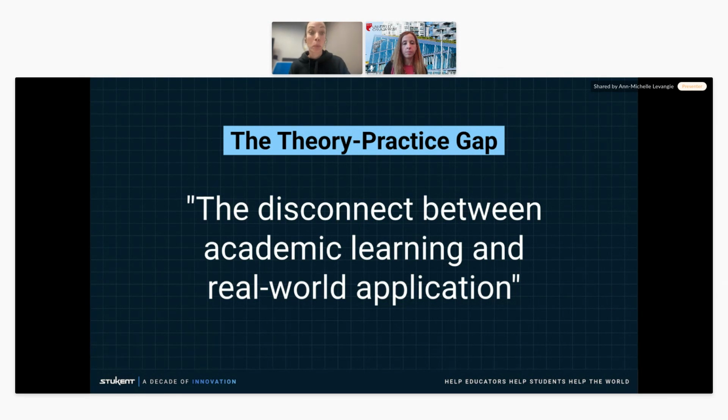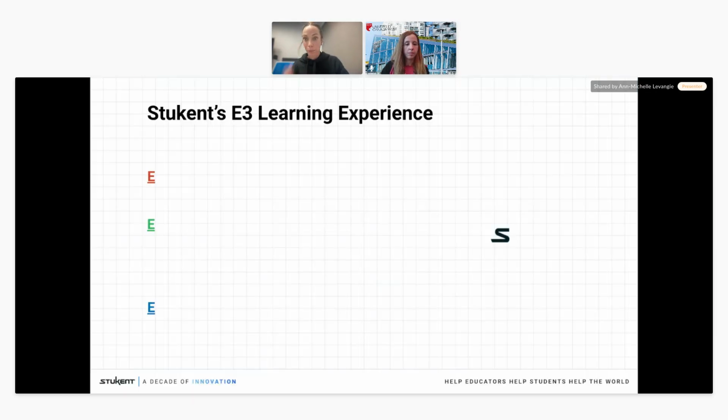It's that bridge that students are challenged to cross when they leave the classroom where they've been embroiled in theoretical knowledge and they now have to go into the workplace. And as we all know, there's a world of difference in how something gets executed in the real world with real world constraints and what the ideal vision of it looks like in the classroom. So we want to help students more seamlessly cross that bridge.